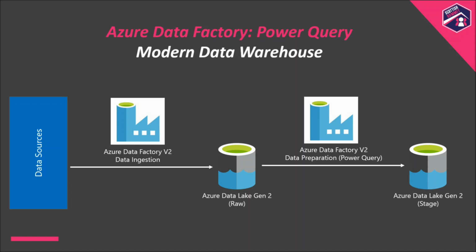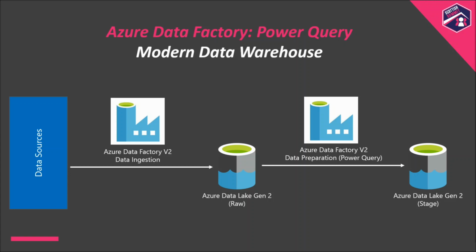Now, what are these raw and stage areas? The technical terminology is that these areas are called zones. So, what are zones? Zones are there to organize the data in an Azure Data Lake. Simple as that. So, what do these two zones do?